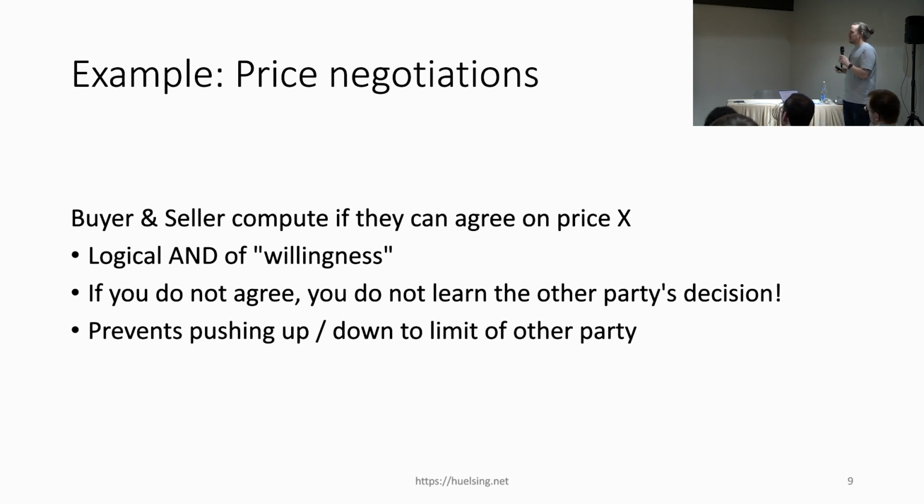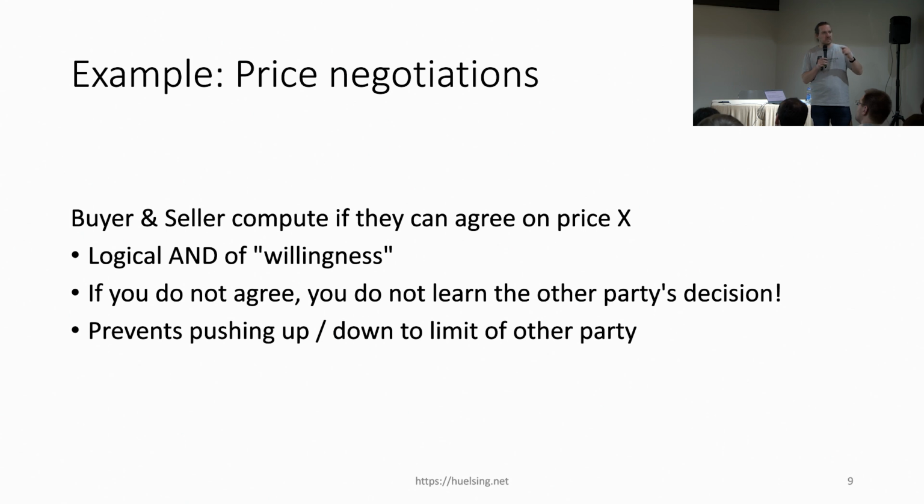As an example, consider a negotiation between a buyer and a seller, where they can compute if they agree on a given price X. So you just have to compute the logical AND of a Boolean, which is: I'm willing to buy at this price and I'm willing to sell at this price, respectively. And you can do this in a way that if you don't agree, you do not learn the other party's decision.